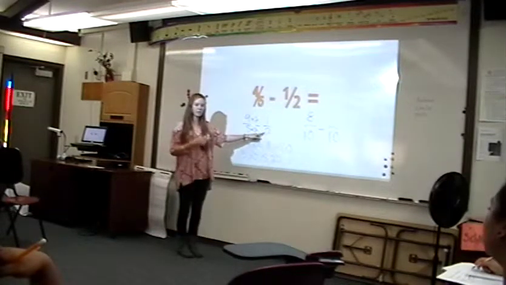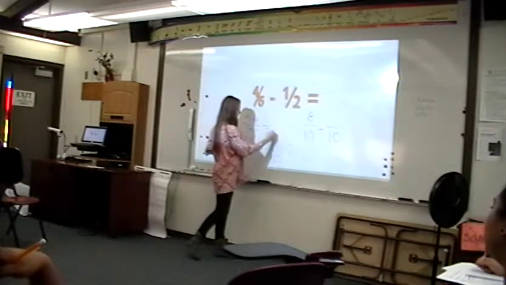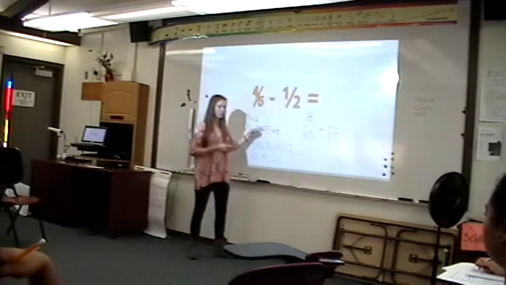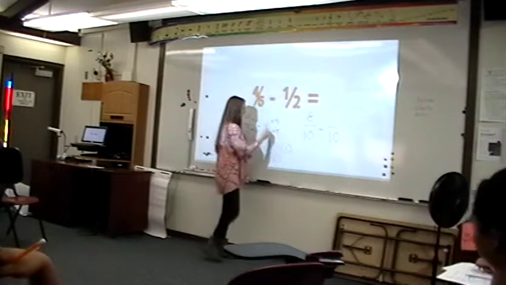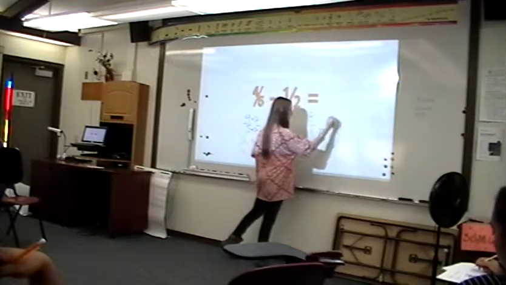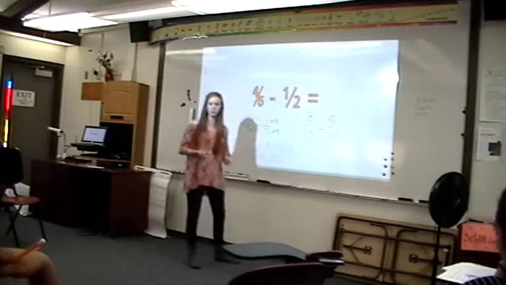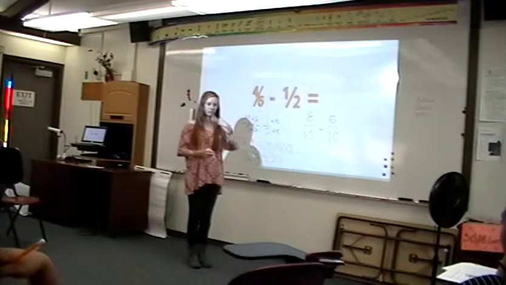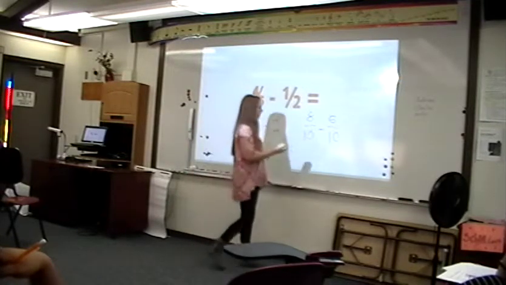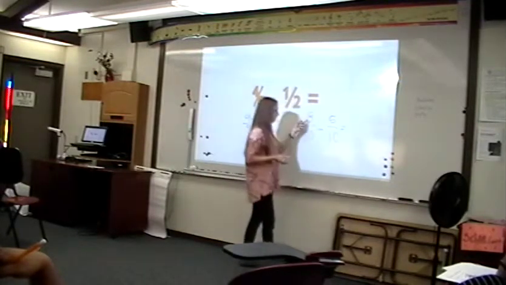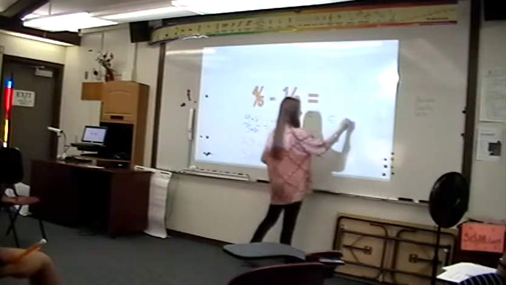How many times does it take 2 to get into 10? 5. So whatever we do to the bottom, we must do to the top. So that means over here, 5. Now how do we finish off this problem? We can subtract the tops because the bottoms are the same, right? So 8 minus 5 is 3.